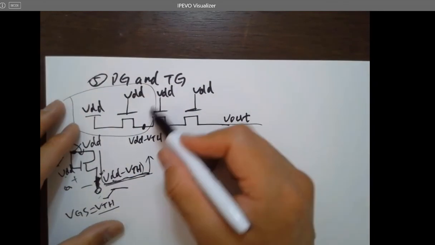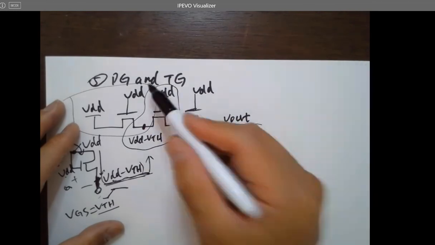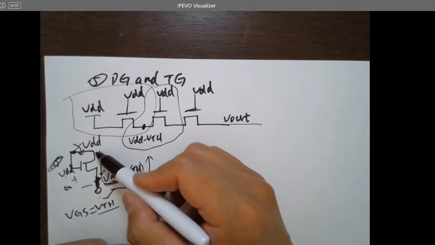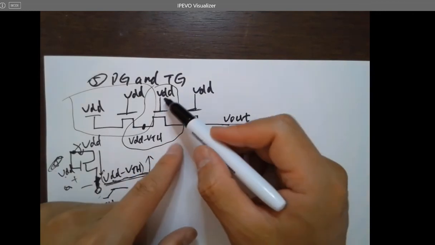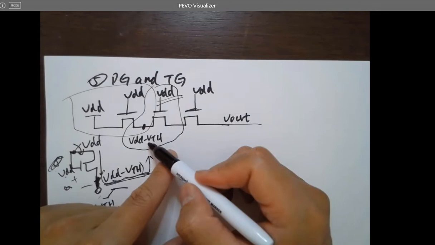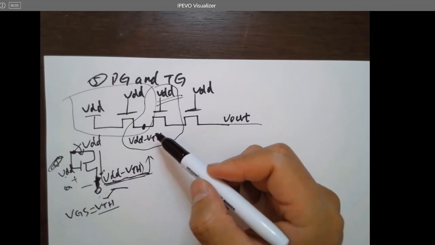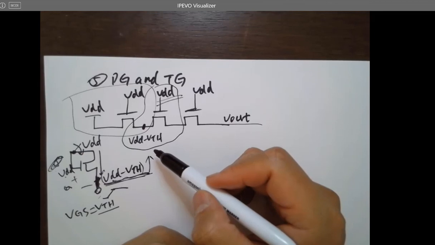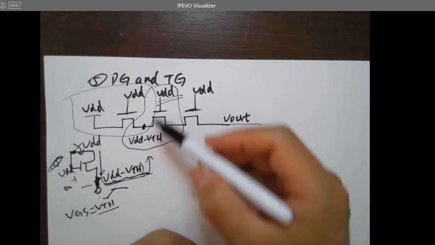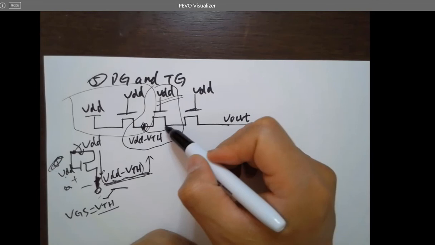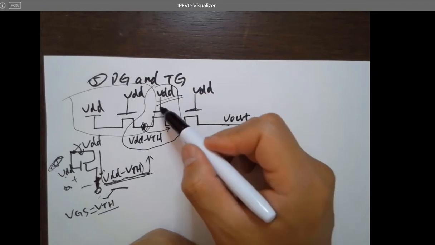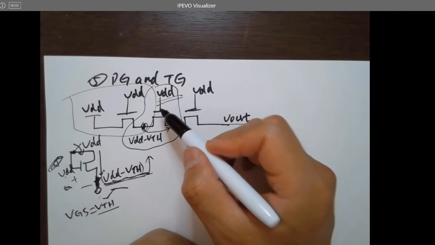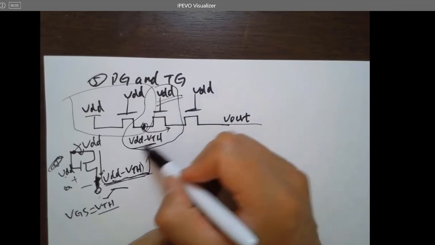However, for this case, it's a different situation. The reason is, compared to the previous case, where you had the same gate and drain voltage, here you've got a higher gate voltage and a smaller drain voltage. And remember that when we were doing the sample-and-hold circuit, in order to pass the entire voltage to the other side, we want to turn on the NMOS more, right? We want to turn on the gate more in order to pass more voltage from the drain to the source.